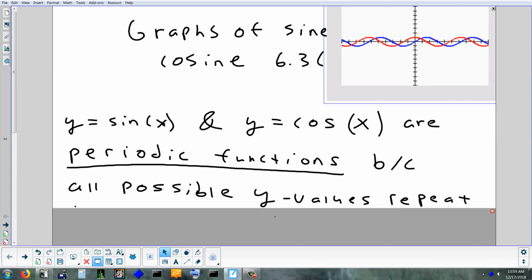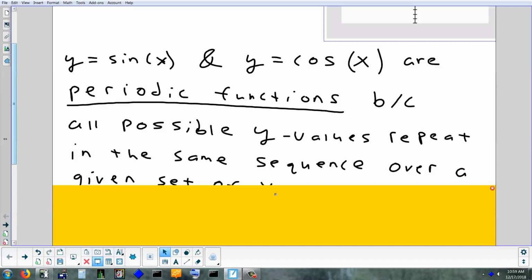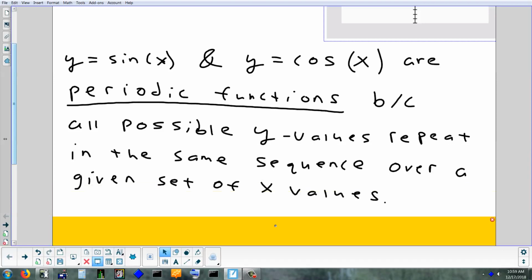And those numbers describe the important points. Obviously, there's other y values in there too. But 0, 1, 0, -1, 0 describes the intercepts, the high point, and the low point. So those values keep repeating in exactly the same sequence over a given set of x values.